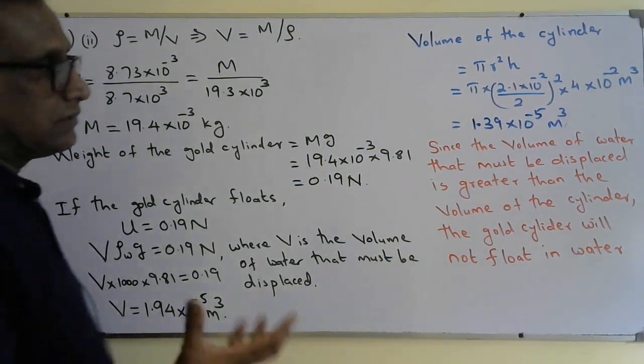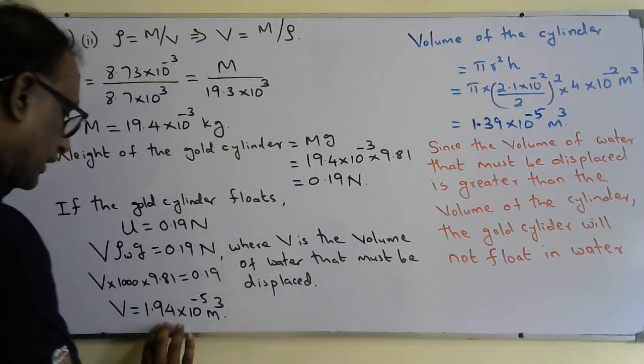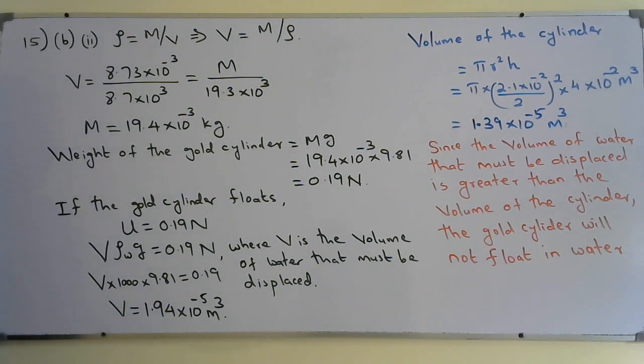So that means the volume of the cylinder has to be larger to get this required upthrust.